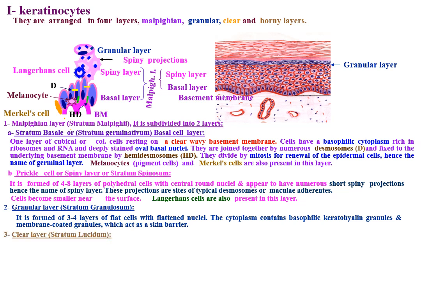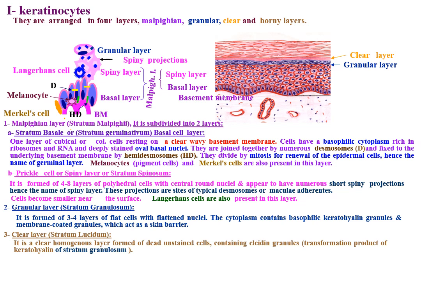Clear layer or stratum lucidum is a clear homogeneous layer formed of dead unstained cells containing elidine granules, which is a transformation product of keratohyaline of stratum granulosum.